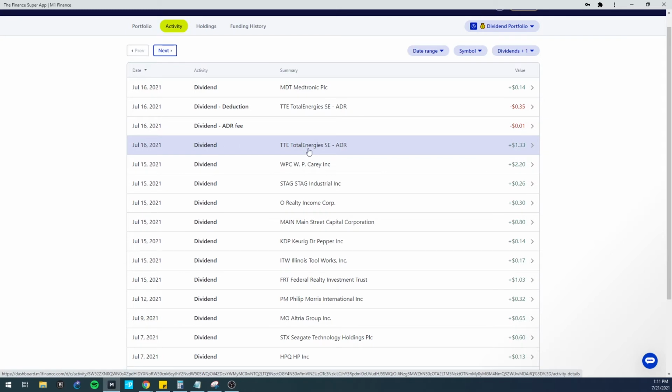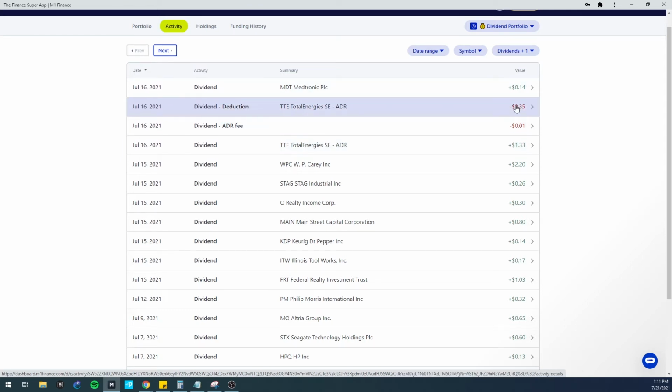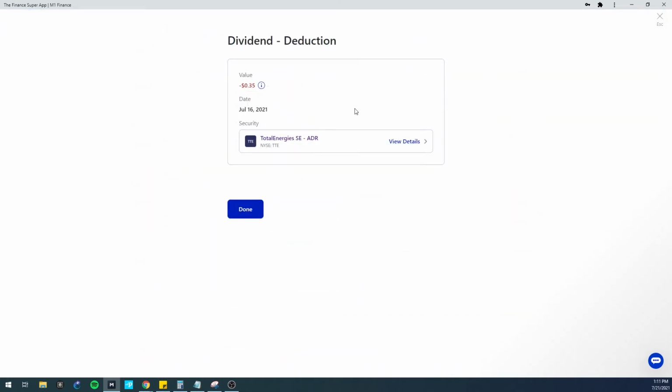So they declare, you know, a $1.33 dividend. That is what they declare. But when they do that declaration, they're declaring it in their currency. So you have a deduction of, sorry, I was getting a little bit ahead of myself.